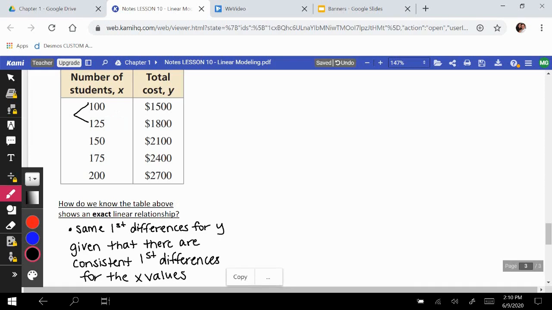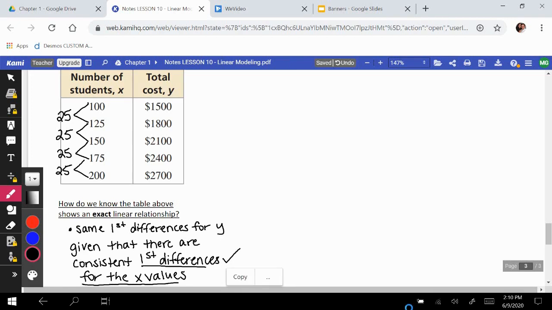How do I get from 100 to 125? What is 125 minus 100? That'd be 25. To go from 125 to 150 is 25. To go from 150 to 175 is 25. And then finally, 200 minus 175 is still 25. So that checks off. There are consistent first differences for the x values.